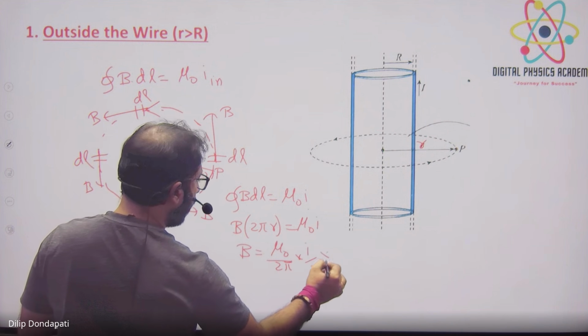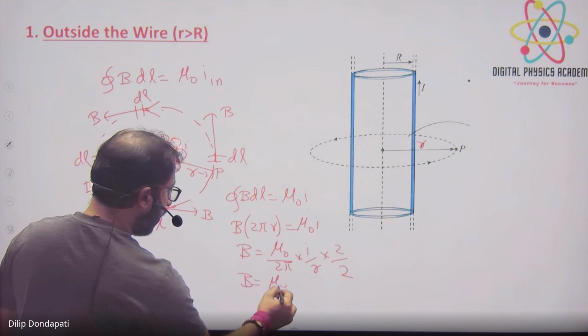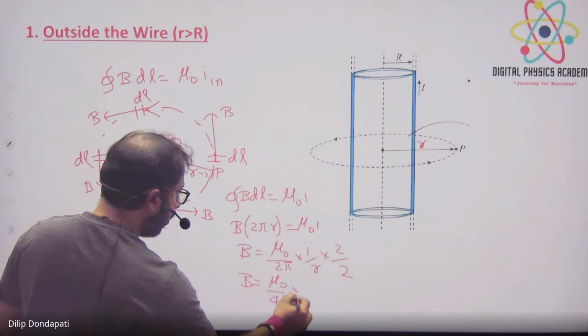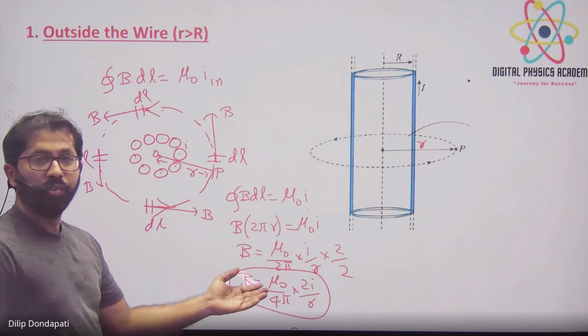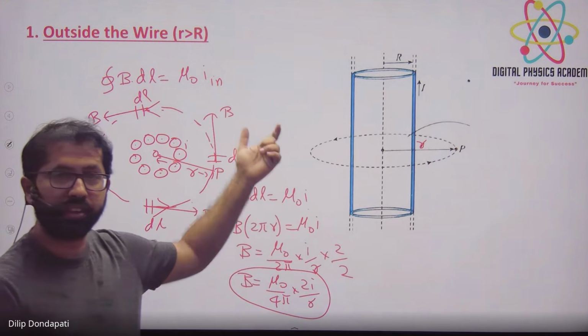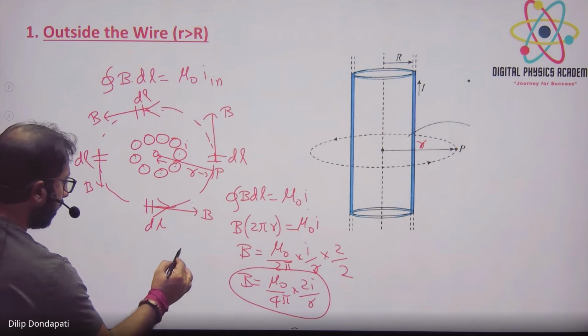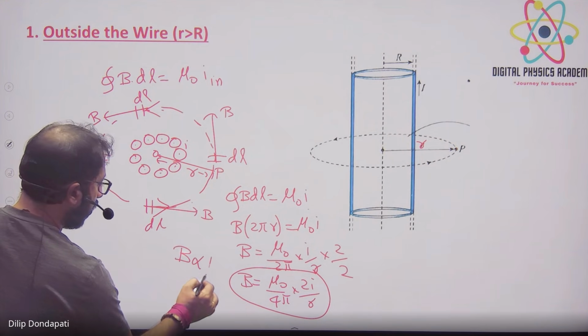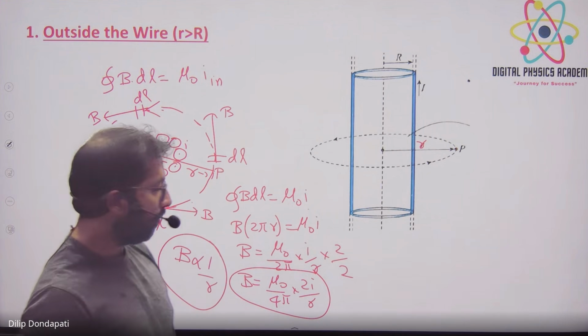I am multiplying and dividing by 2 so that you can remember the formula: mu naught by 4 pi into 2I by r. See, this is like an infinite wire only. Cylindrical wire is nothing but an infinite wire, the hollow one, 2I by r. That means B is inversely proportional to r outside.